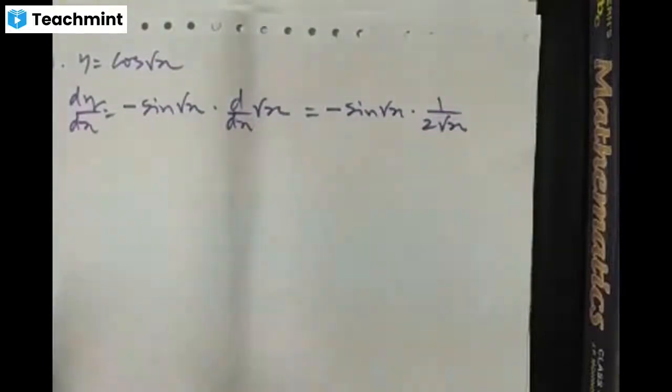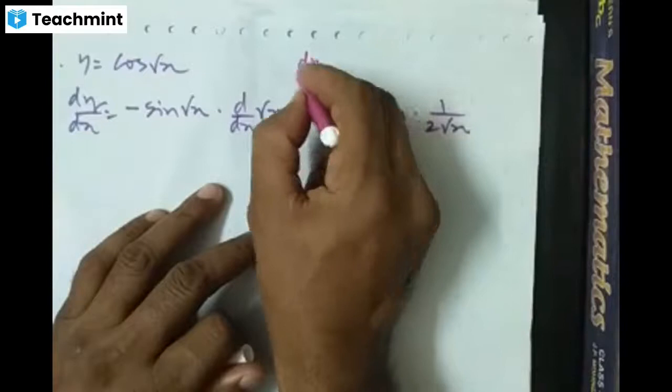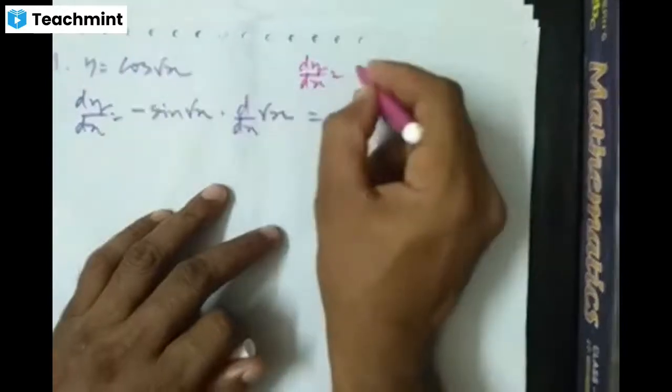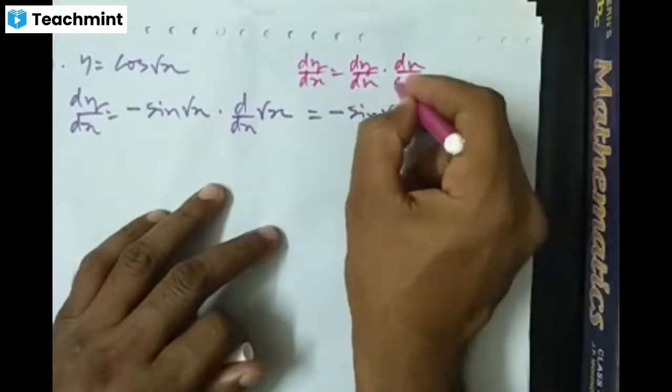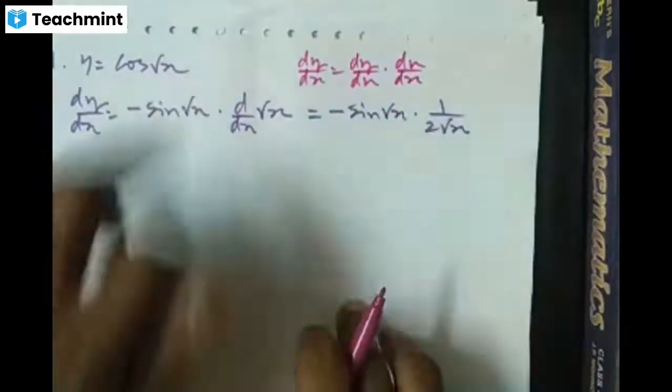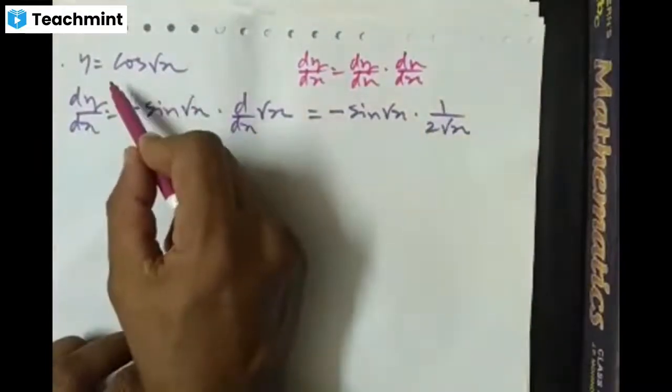Understood? Here I have used chain rule to find the derivative of the given function. What is the chain rule? dy by dx is dy by du into du by dx. You just assume that root x is u.